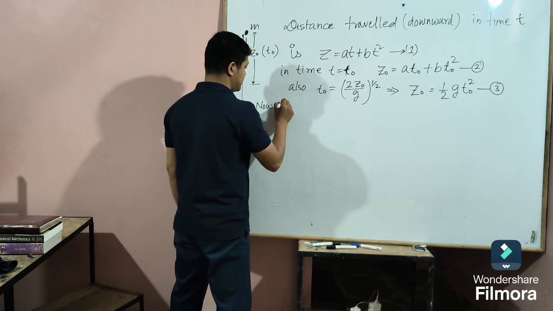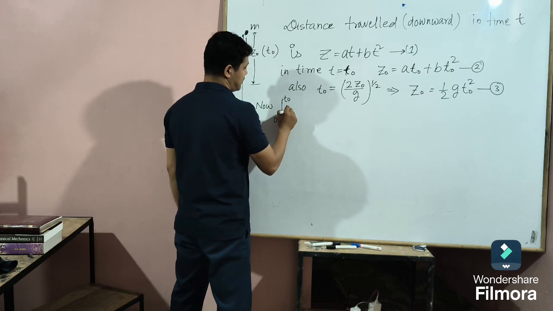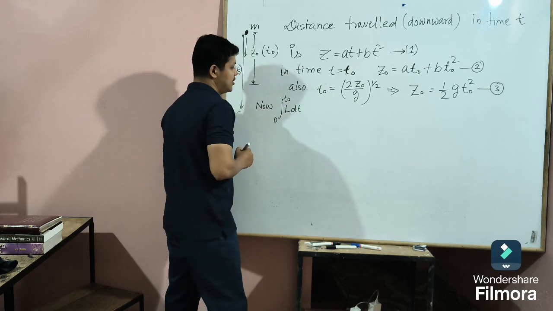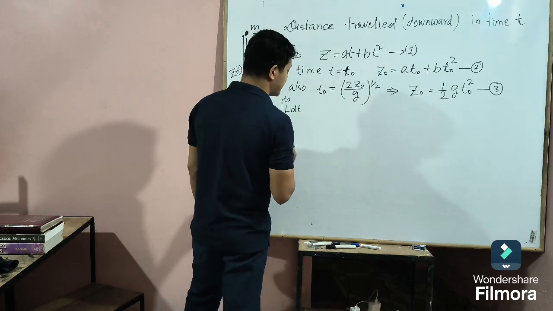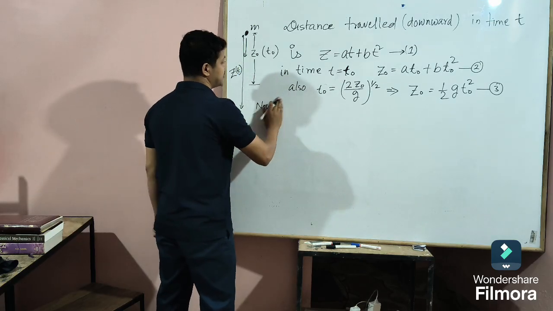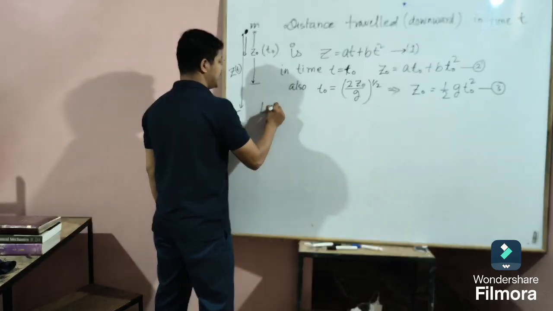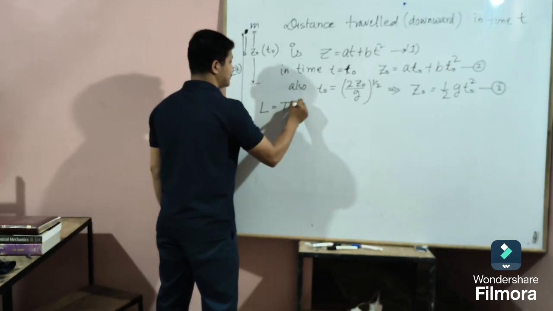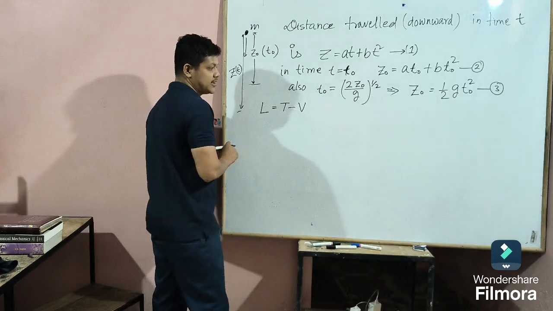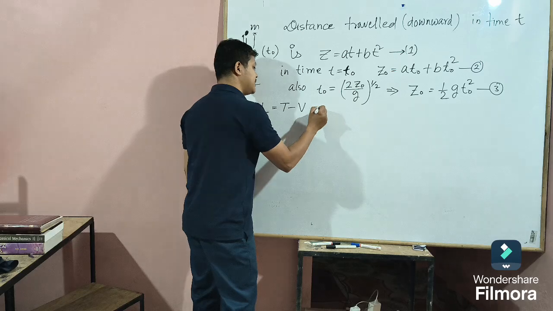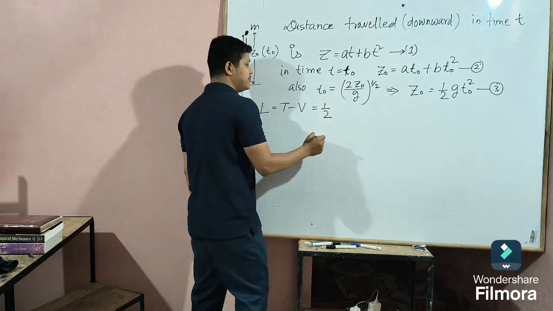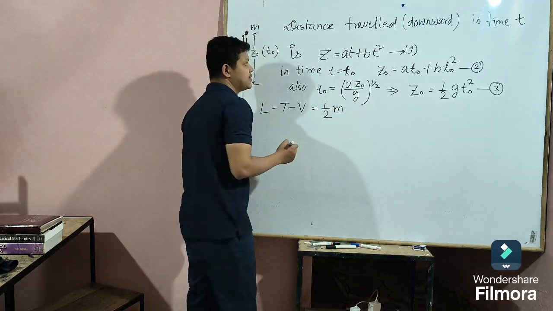Now you see, this line integral from 0 to t naught of Lagrangian L dt will be extremum. Before writing that, let me first find the Lagrangian. So Lagrangian L is equal to T minus V. T means kinetic energy, V means potential energy, and kinetic energy is given by half mv square. So here v means velocity.